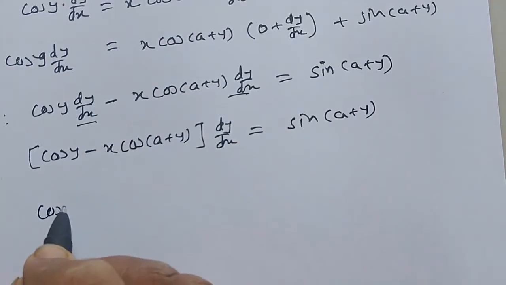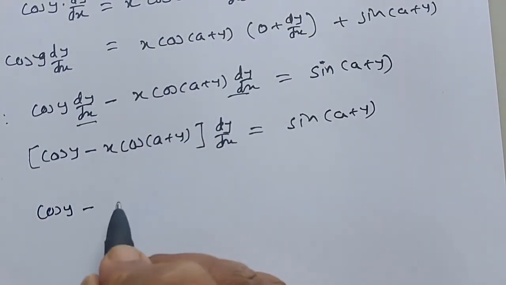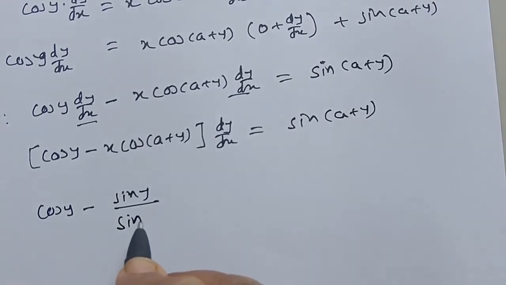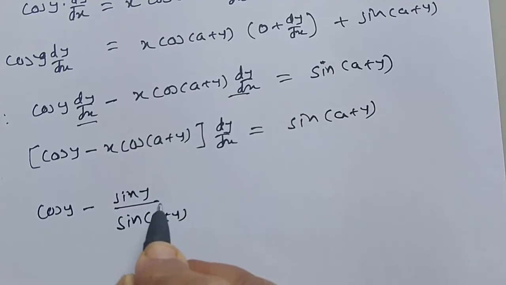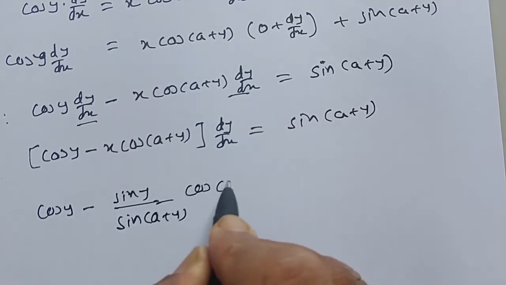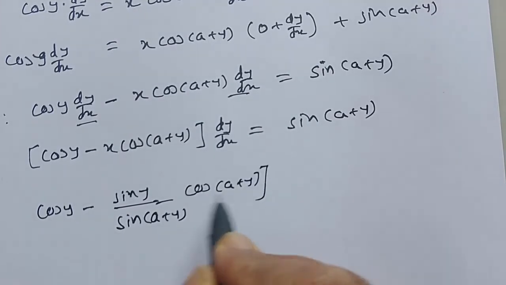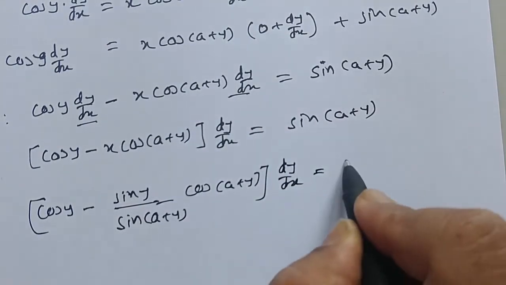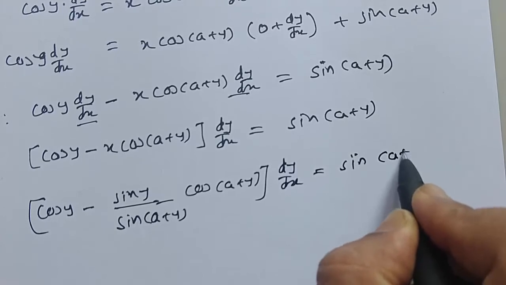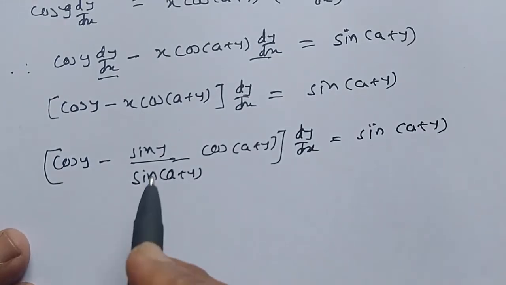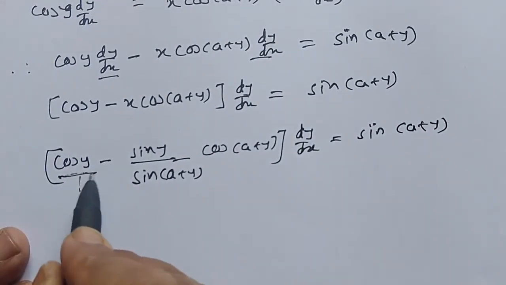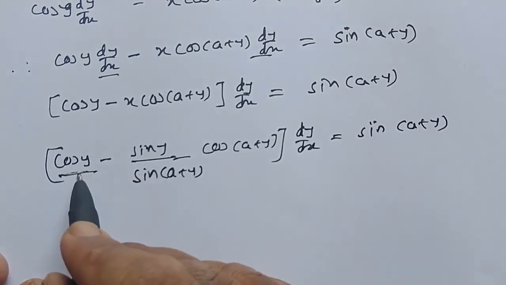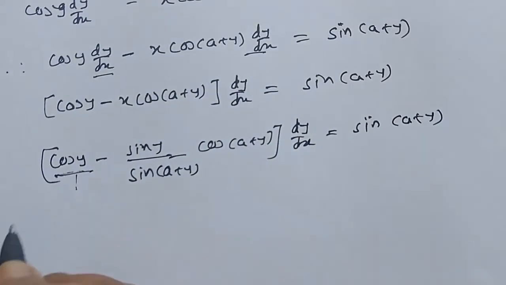Therefore, (cos y - sin y upon sin(a + y) into cos(a + y)) dy/dx = sin(a + y). The LCM is sin(a + y), so we multiply sin(a + y) to the cos y.